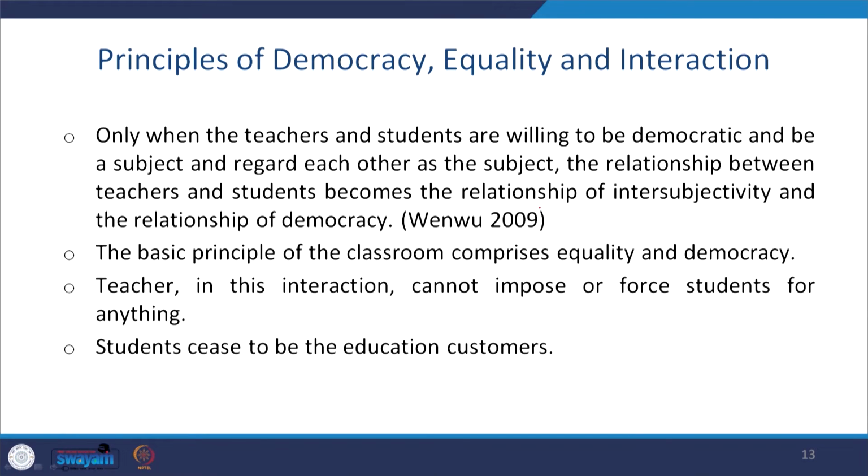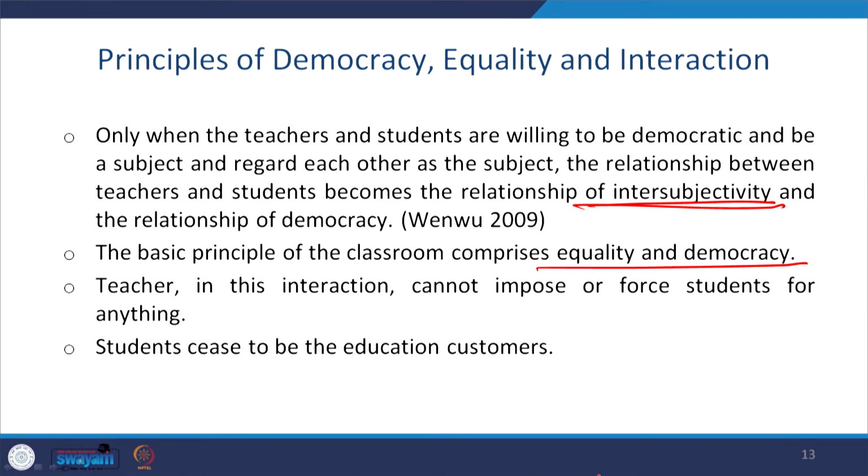Now, let us also talk a little bit about democracy, equality and interaction. When we talk of democratic teaching, both of them become the subjects, and the relationship between students and teachers becomes, according to Dewey, the relationship of inter-subjectivity. The basic principles in this category are equality and democracy.